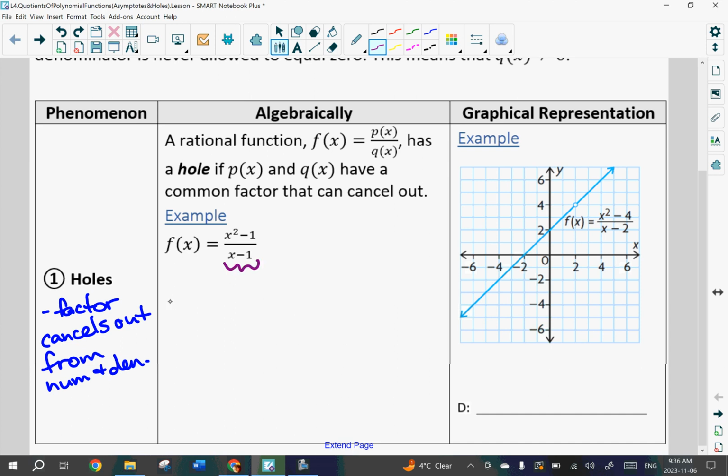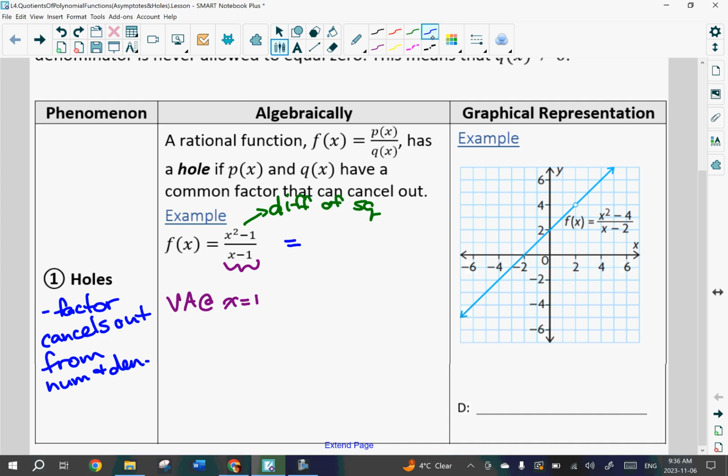x minus 1. So there's a vertical asymptote at x equals 1. But now we're learning that because there's something different in the numerator, that might change what's happening. We're going to factor the numerator. This is a difference of squares. Let's make sure we remember that.